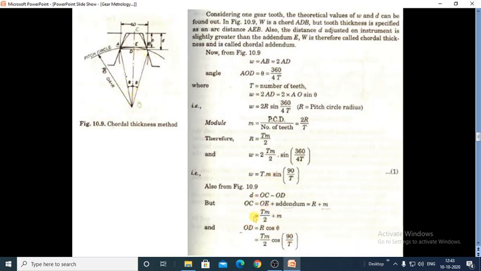OC we got as Tm by 2 plus M. OD we got as R cos theta. Let's put the values of R and theta into this equation. R is nothing but Tm by 2, theta is nothing but 90 by T. So here we will put these OC and OD values in the above equation.